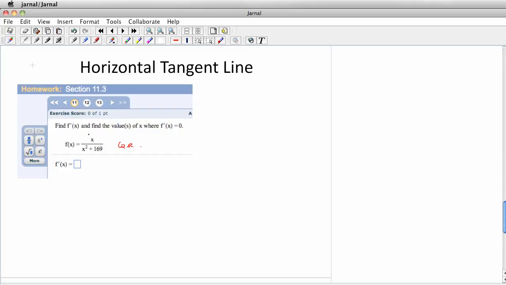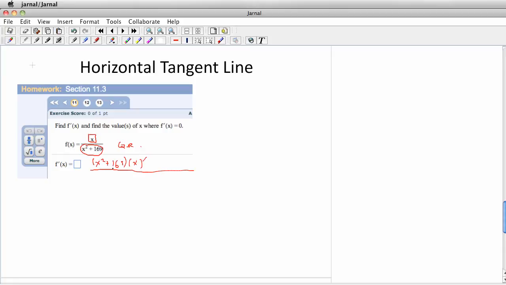And like before, I'm going to think of my numerator as being my box, my denominator as being my circle, and I'm first going to just write down what the quotient rule says to do. The quotient rule says to copy the denominator multiplied by the derivative of the numerator.